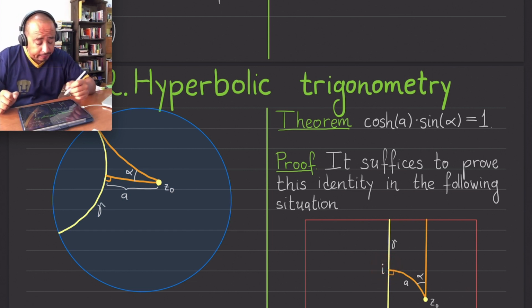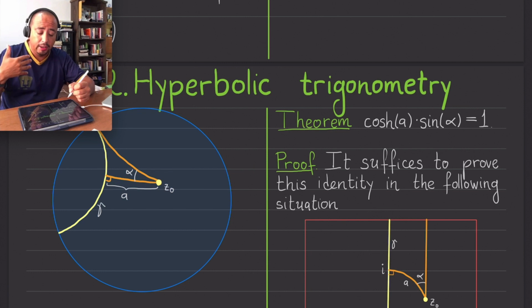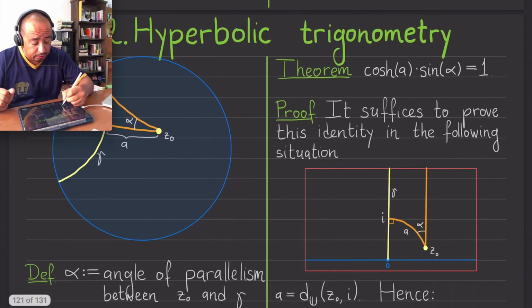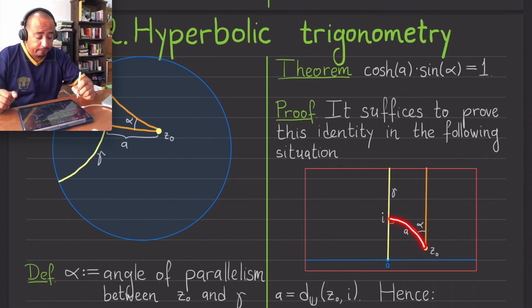And this means that this segment of shortest curve is a segment of the unit circle in the complex plane.